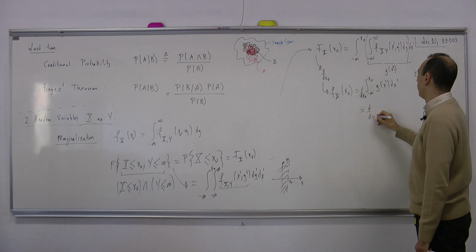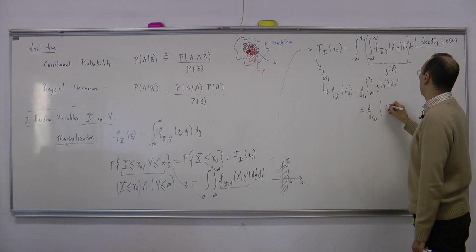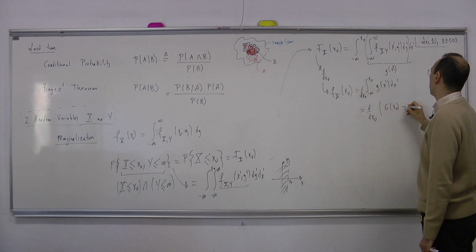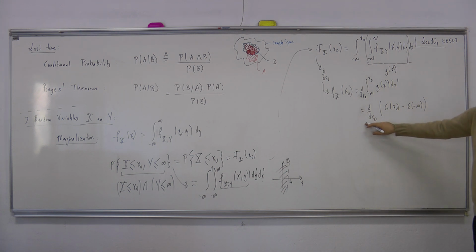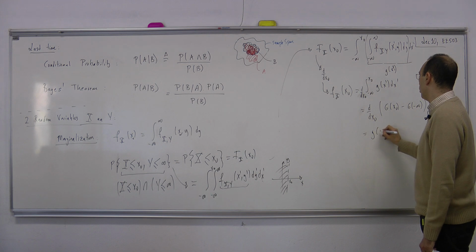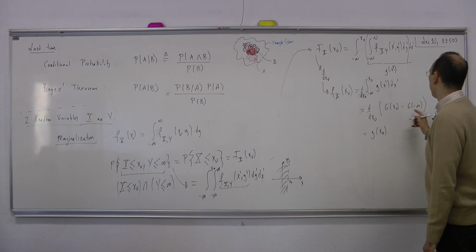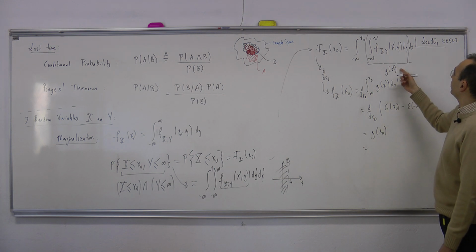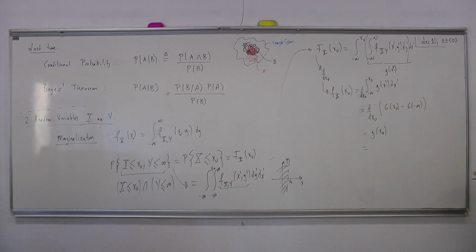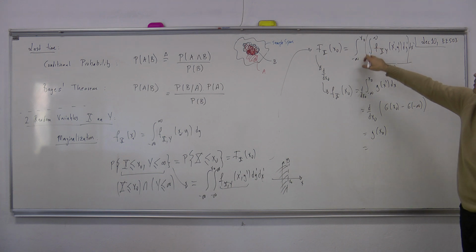So this is the derivative with respect to x naught of G of x naught minus G of minus infinity. If you take the derivative of this, you get g of x naught. And this is just a constant. If you differentiate it, it's equal to 0. So I get g of x naught. This is called differentiation under an integral sign.